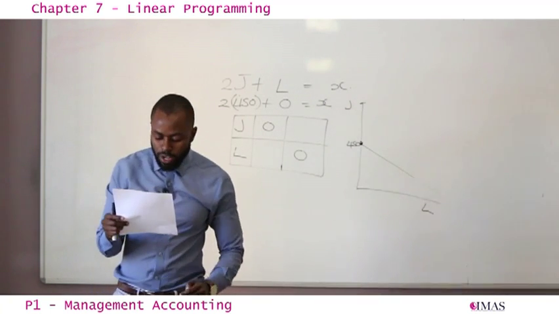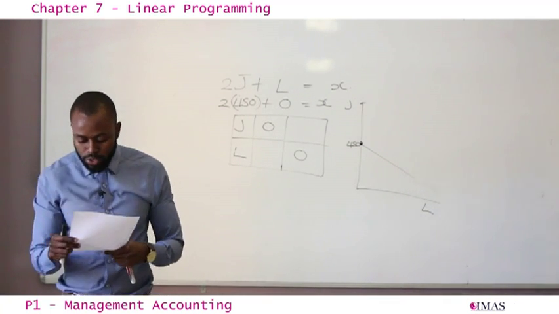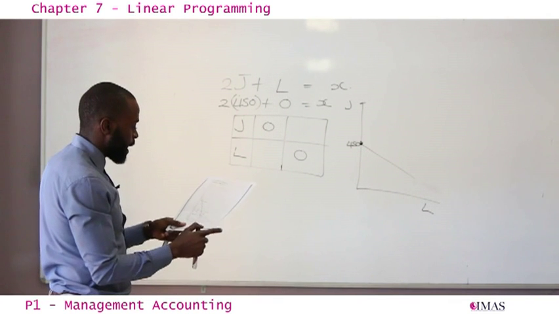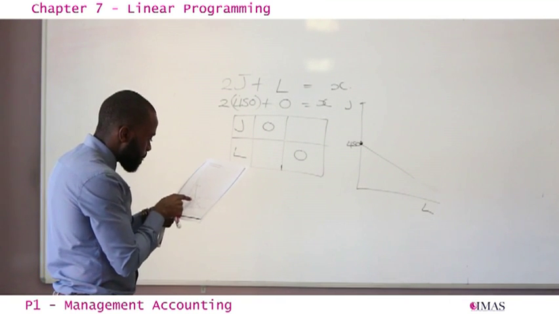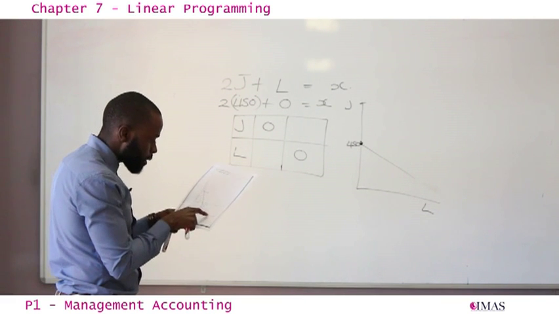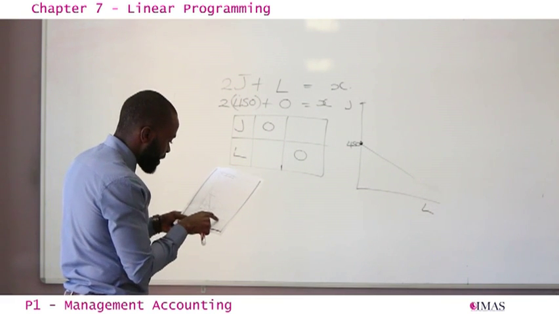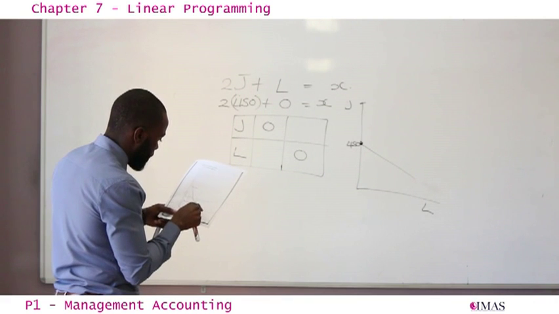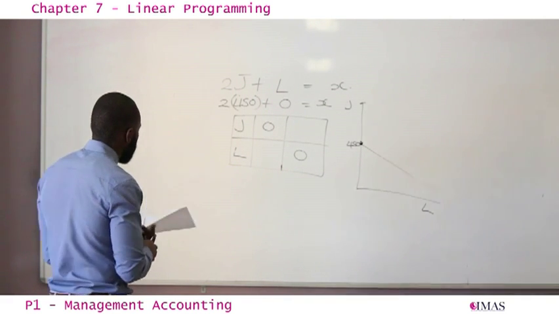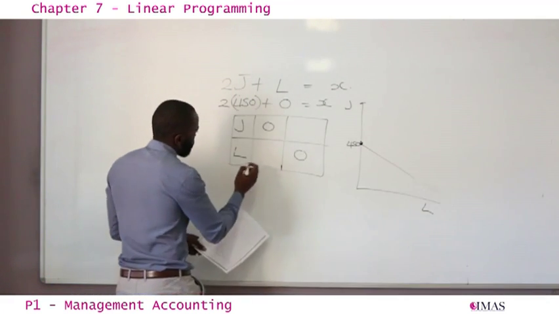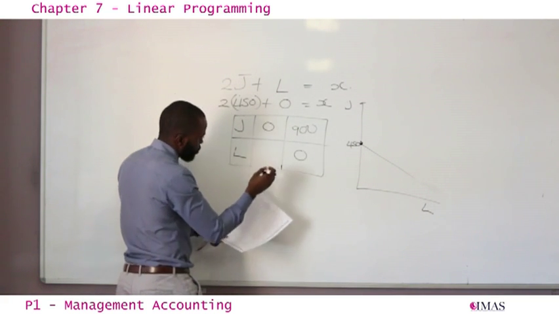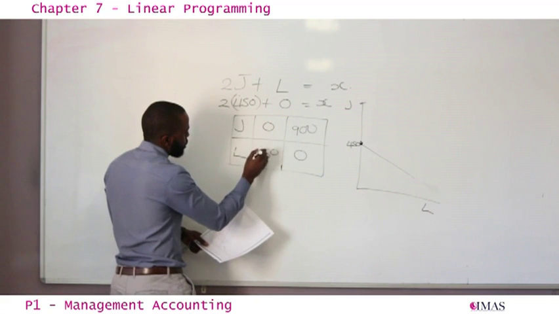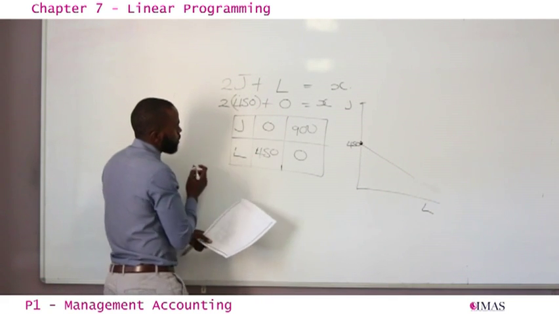So to just see if our answer is correct, let's go now to the x-axis where we have L. If you go to the x-axis, you notice that your material A is cutting the L-axis at 900. So when L is equal to 900, J is equal to 0. Here, when J was equal to 0, L was 450.